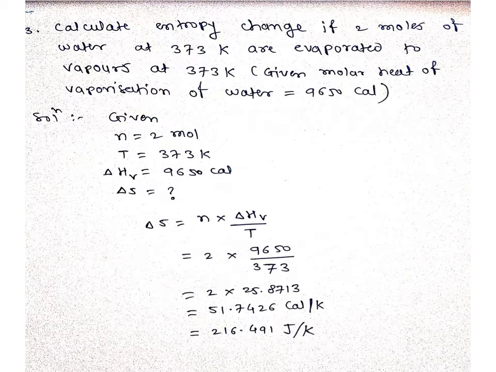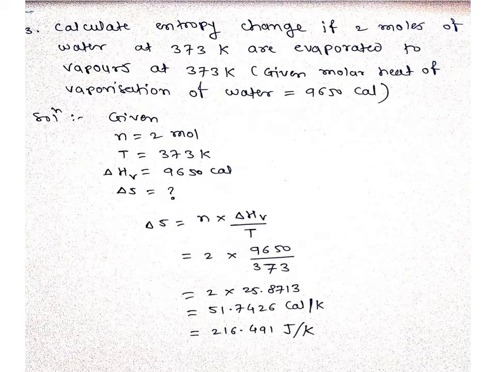Solution. Given n is equal to 2 mole, T is equal to 373 Kelvin, delta Hv, that is heat of vaporization, is equal to 9650 calories, delta S, that is change in entropy, we have to calculate.